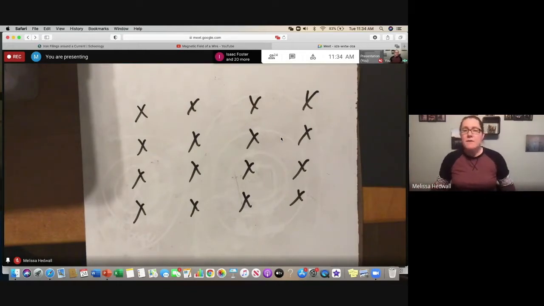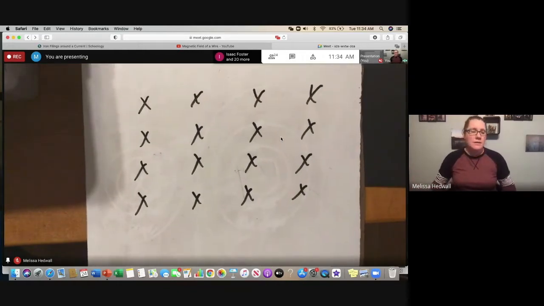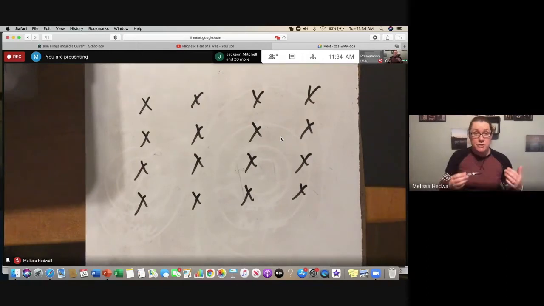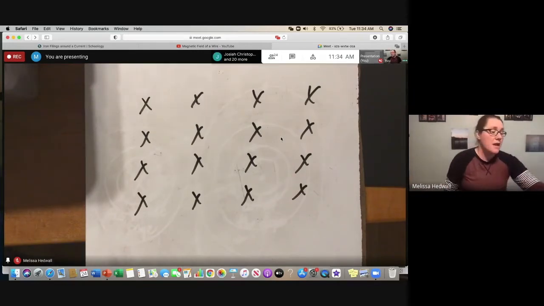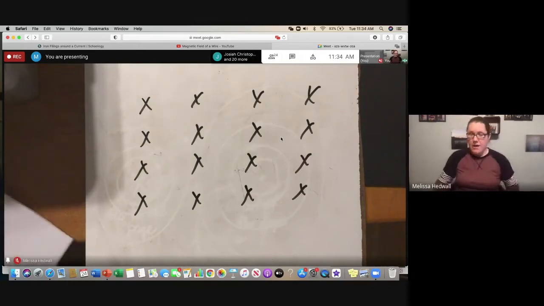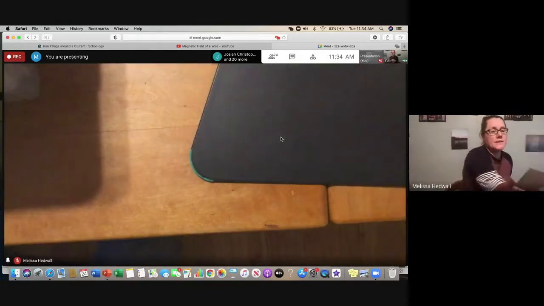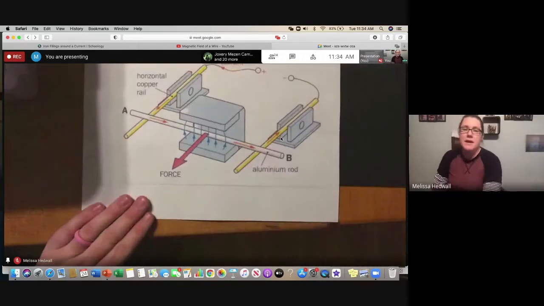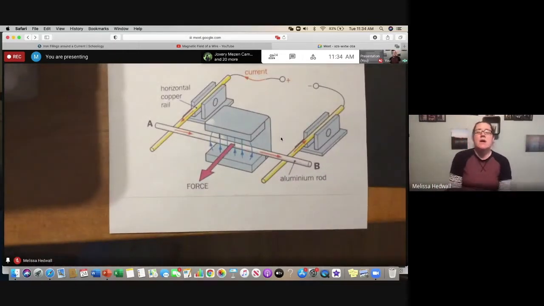So if you have a current that's traveling and inducing a magnetic field, and that is going through a fixed magnetic field, it's like two magnets interacting and a force is created. We have a diagram here, or a setup, and it looks like this. What's happening here is both copper and aluminum, neither of them are going to be magnetic on their own. So those are good ones. They conduct well, but they're not magnetic.